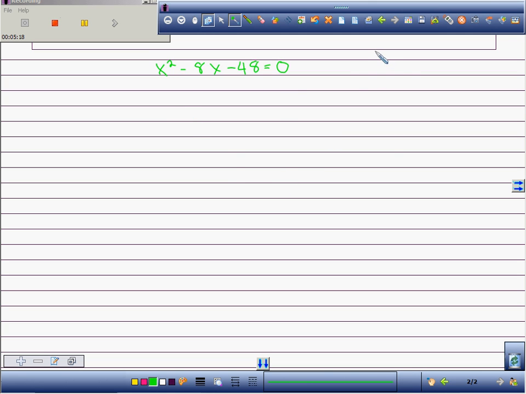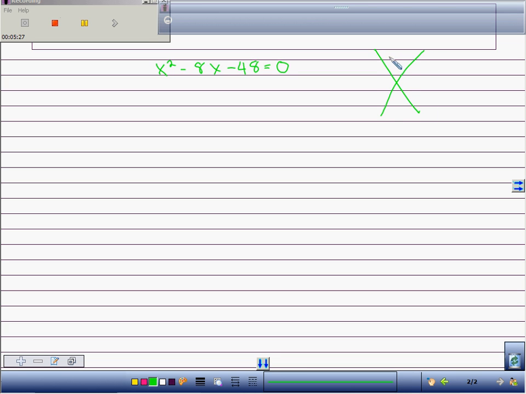If you remember, we make a little x. What goes up here? Negative 48. What goes down here? Negative 8. So we have to think of two numbers that multiply to negative 48 and add to negative 8. Who can think of those two numbers?